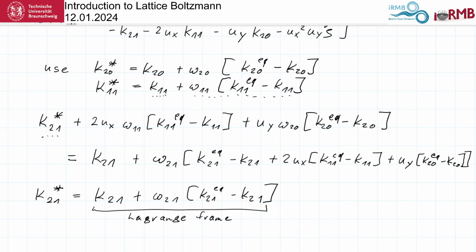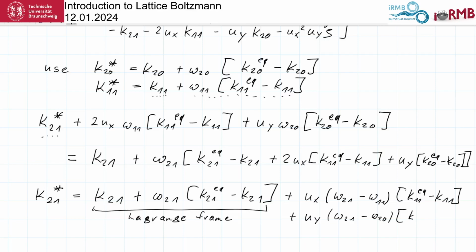That is what we like, but you see this equation is a little longer, so there is something left. The thing that is left comes with ux times (omega 2,1 minus omega 1,1) times (k 1,1 equilibrium minus k 1,1), and another term, plus uy times (omega 2,1 minus omega 2,0) times (k 2,0 equilibrium minus k 2,0).